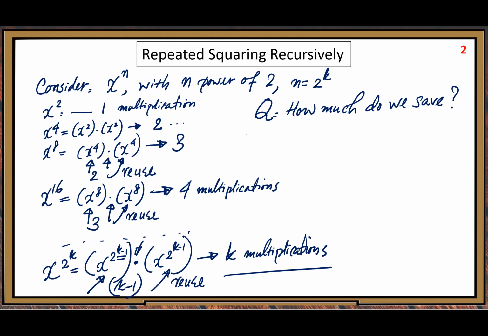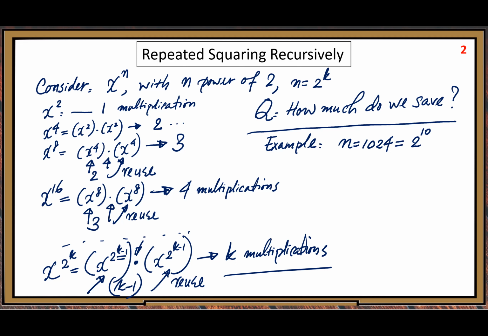Let me use a simple example to show it. I take a special n, a power of 2, n equals 1024. You're familiar with this number, 2 to the 10th. It is a famous power of 2.